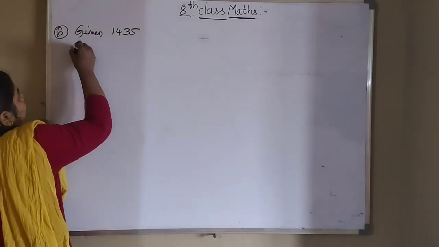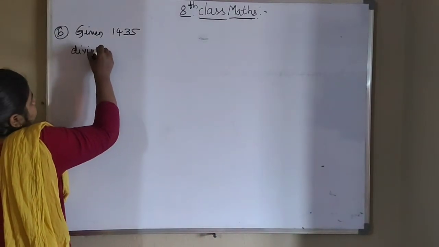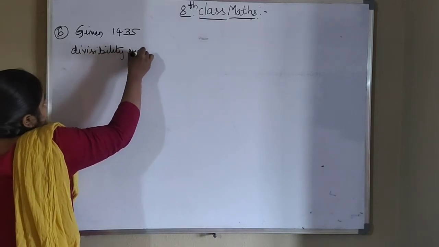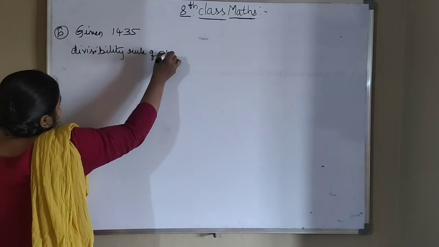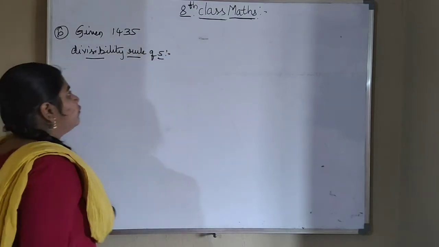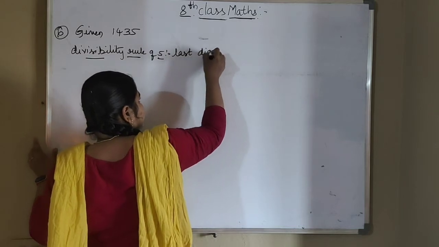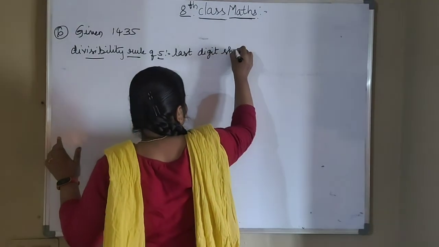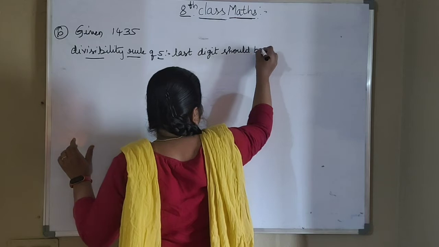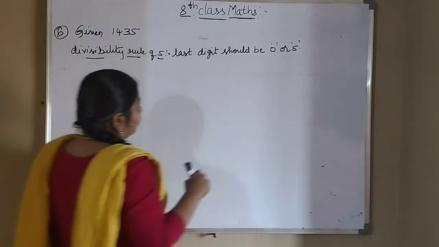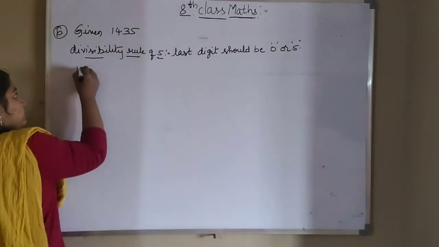First, the divisibility rule of 5. What is the divisibility rule of 5? The last digit should be 0 or 5. So first you check this.